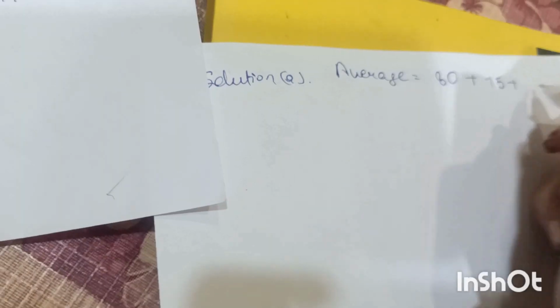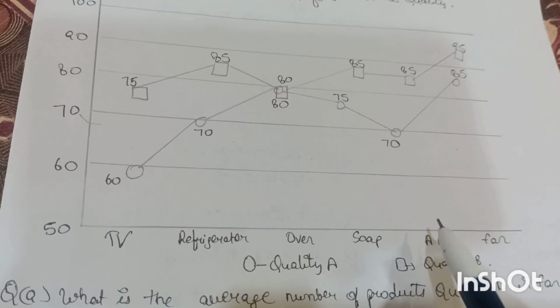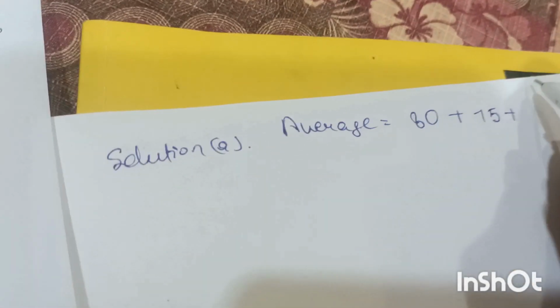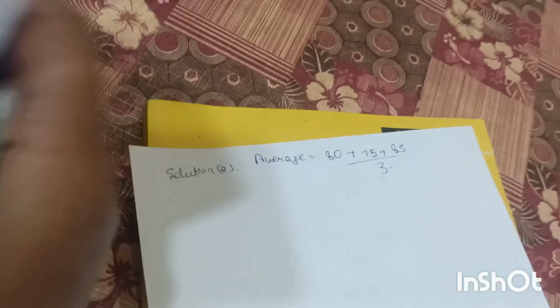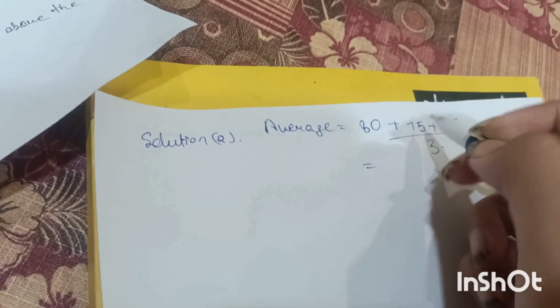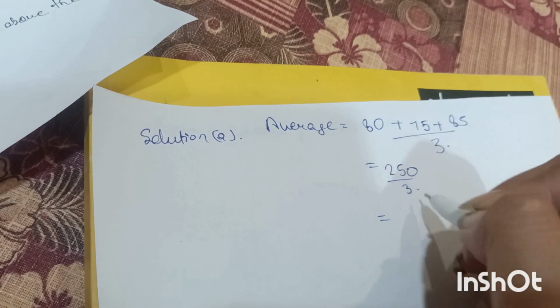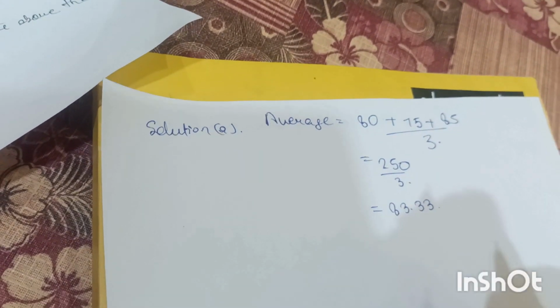So we'll add 75 plus, for AC of quality A, we have been given the value as 85 upon 3 because we have been given the value of 3. Okay, so now if we'll add it, we'll get the value as 250 upon 3, and when we'll solve it out, we'll get the value as 83.33.